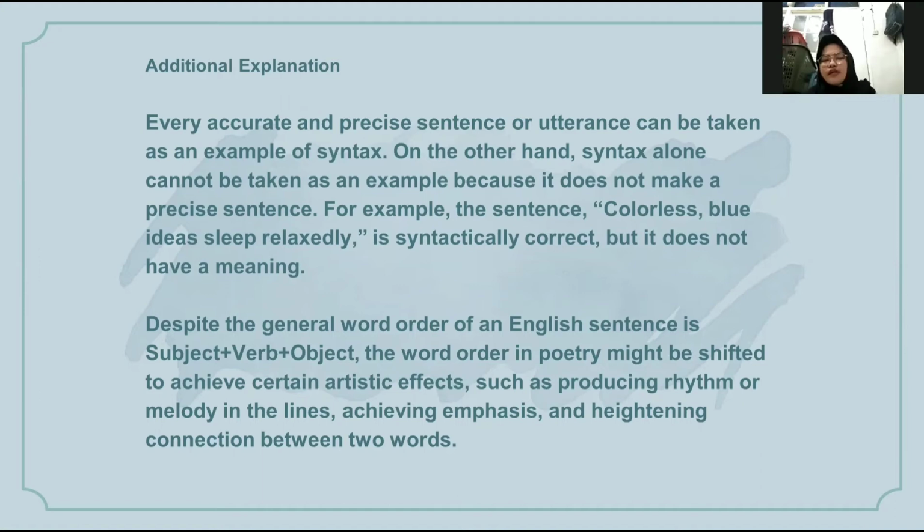Although the general word order of an English sentence is subject plus verb plus object, the word order in poetry might be altered to achieve certain artistic effects, such as producing rhythm or melody in the lines, achieving emphasis, and heightening connection between two words.